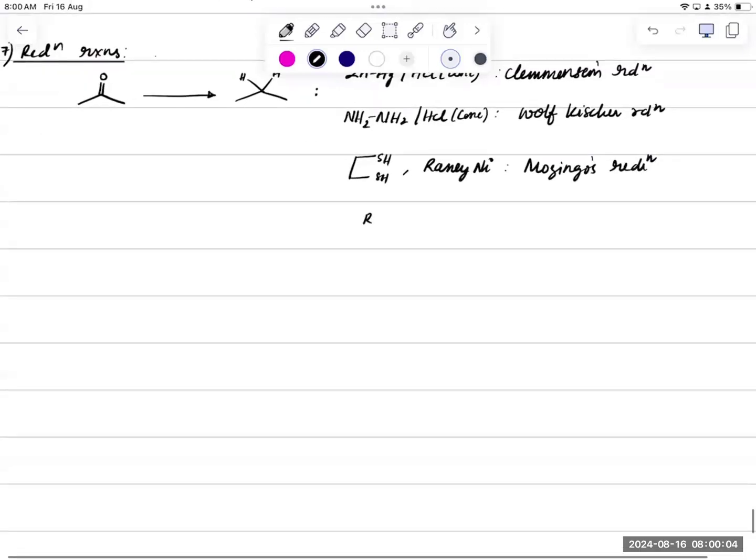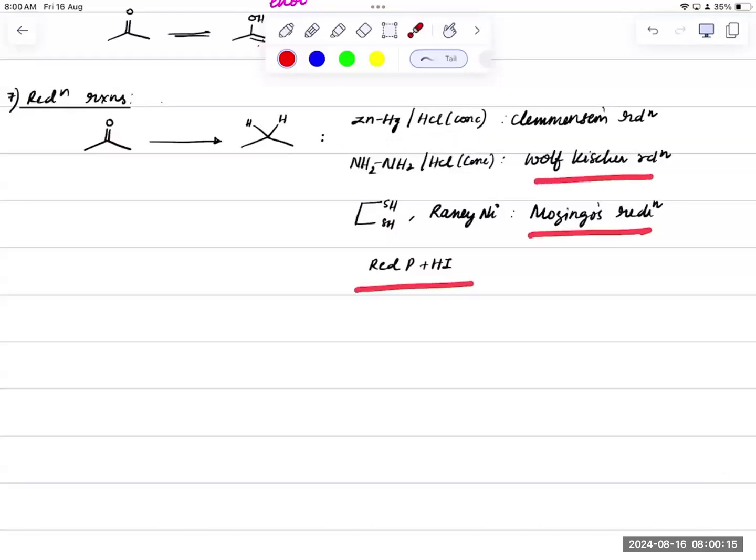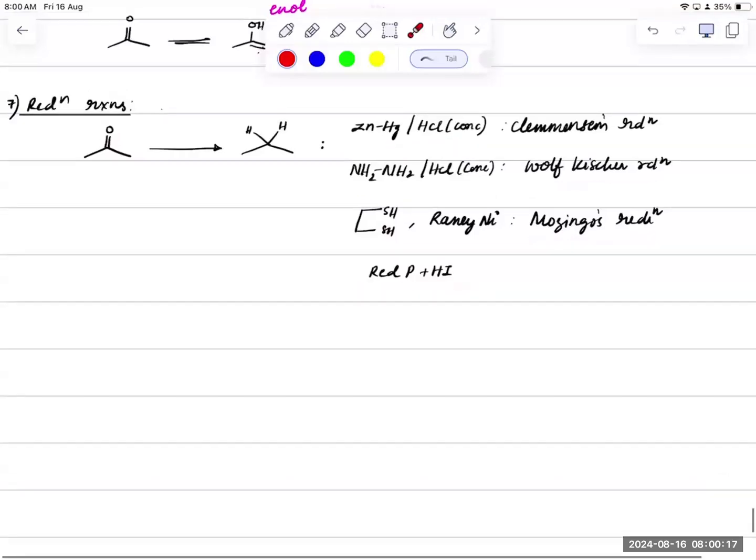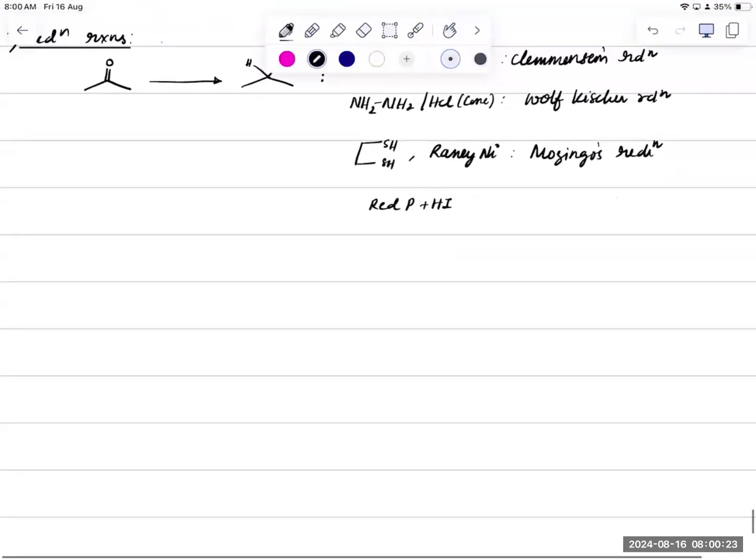And lastly, red phosphorus and HI. Okay, these four are the ones which are used: Clemmensen's reduction, Wolff-Kishner, Mozingo, or red phosphorus HI. If you use these, we would get alkanes directly. Okay.